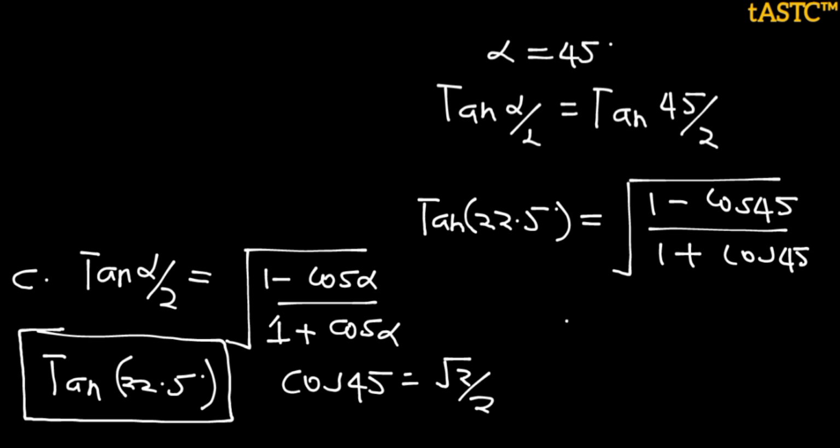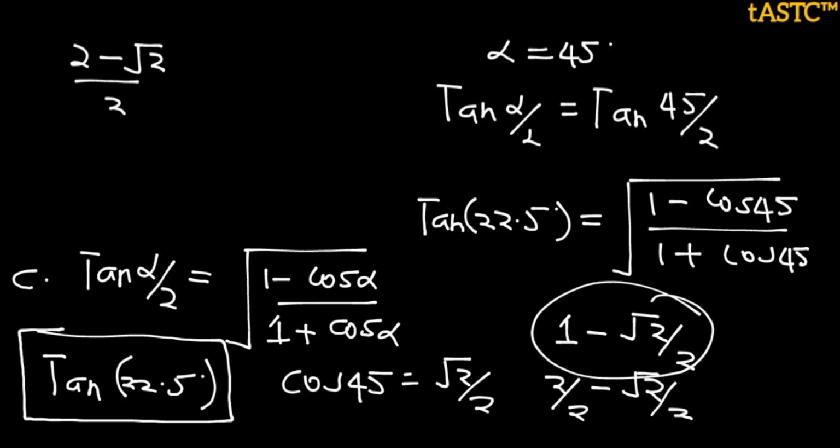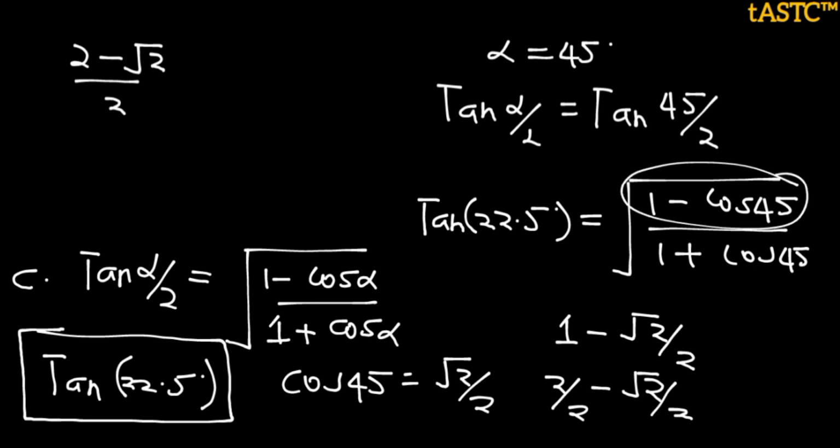Now first, from here we have 1 minus root 2 divided by 2. We need to work this. This is the same thing as 2 over 2 minus root 2 over 2, which leaves us with 2 minus root 2 divided by 2. That is the answer for 1 minus root 2 divided by 2, which is the same thing as 1 minus cos 45.